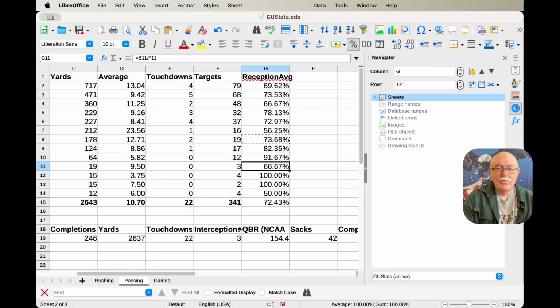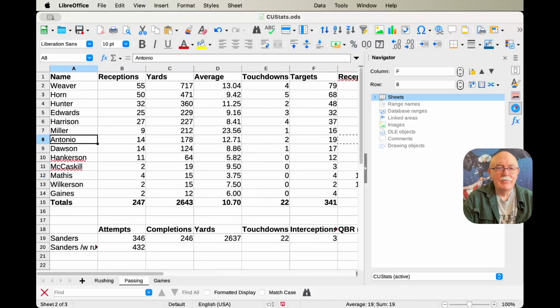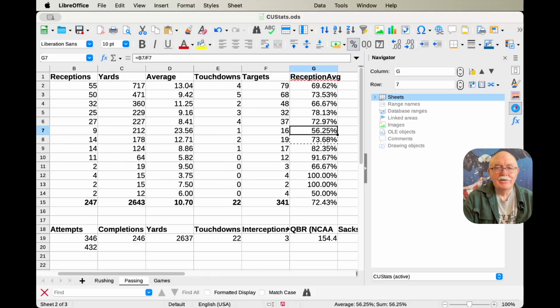But let me show you one that everybody wants to see. Matter of fact, I saw people saying, why didn't they put Omarion Miller in the game instead of Caleb Mathis? Well, here's why. Omarion Miller has 9 catches for 212 yards. How many targets does he have? 16.